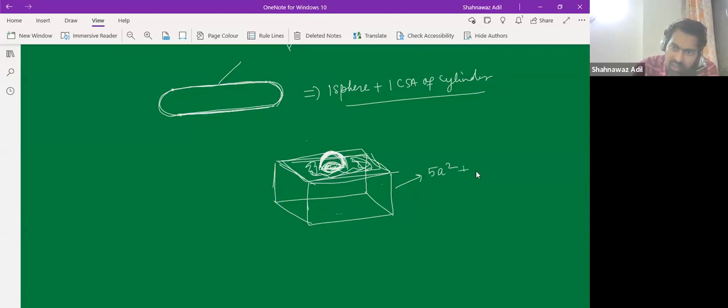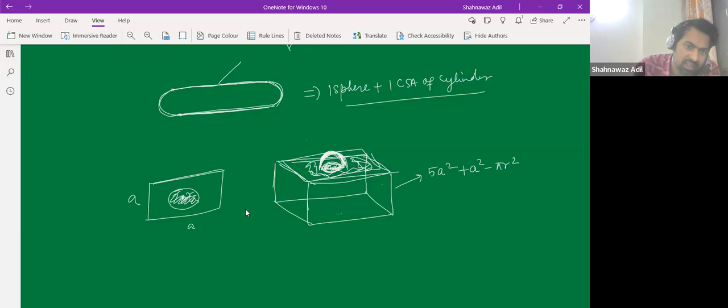So a square minus pi r square has been covered, right, guys? Because this was the surface area a by a, but this area which is radius r has been covered, and in this region this hemisphere is put. So the sixth surface area is this one plus the curved surface area of this hemisphere.